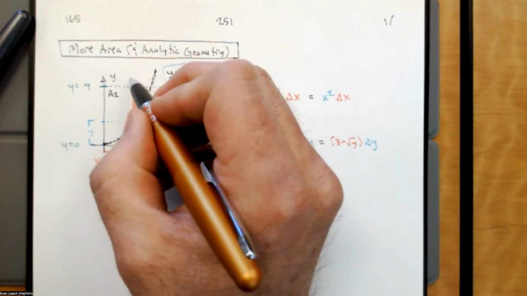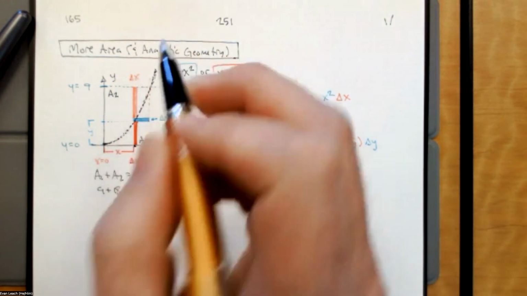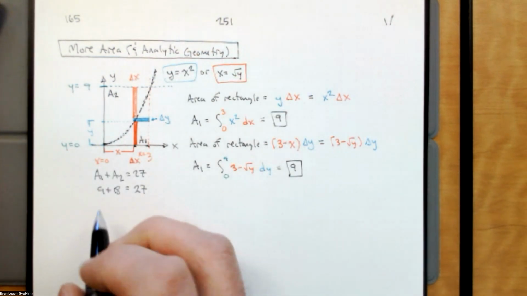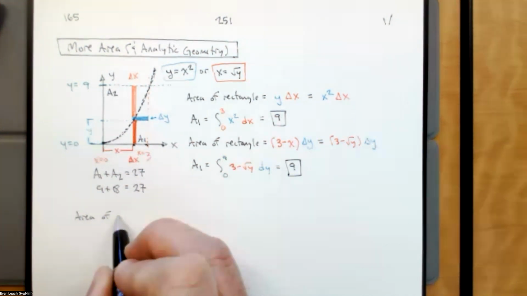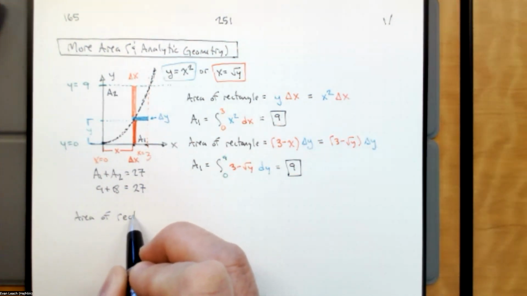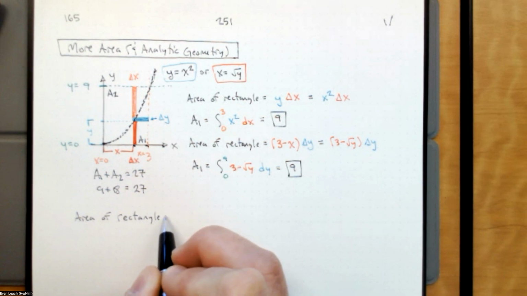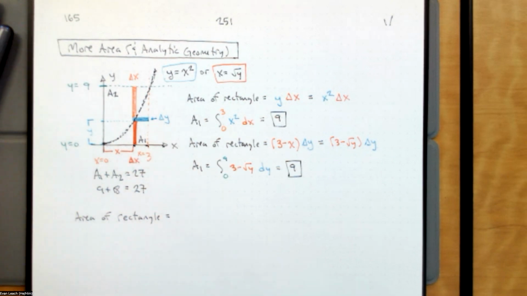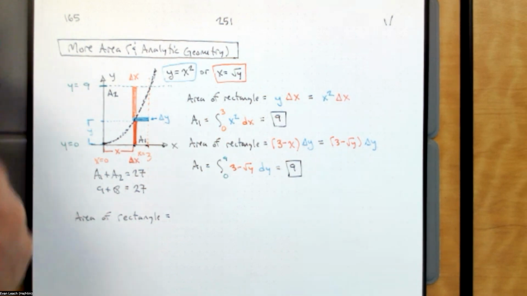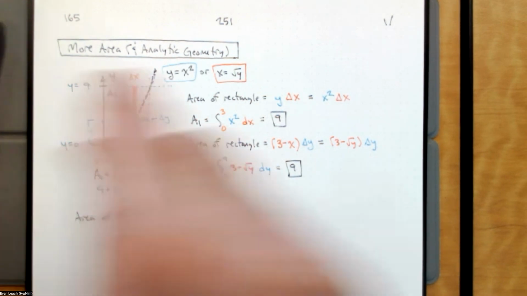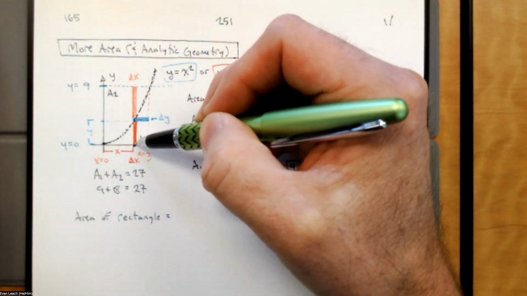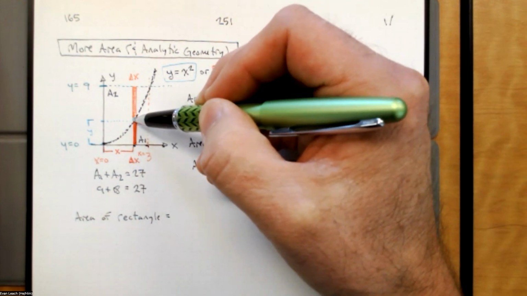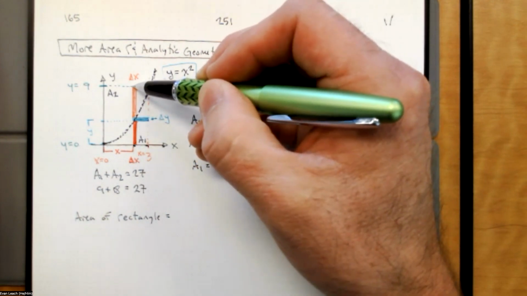So this is still using a delta x. And we're still trying to imagine what the area of that rectangle is. In this case, the height of the rectangle, or the length of the rectangle, is going to be not a y value, because y is from the x-axis up to the function. I want to go from the function up to 9.